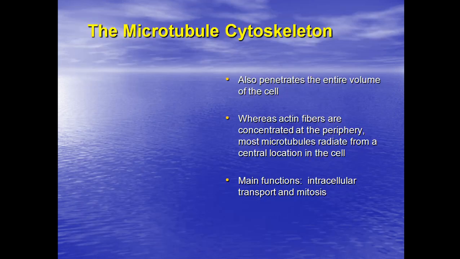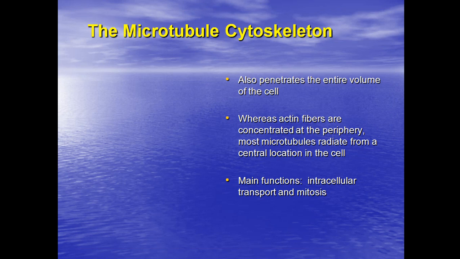So these microtubules also penetrate the entire volume of the cell. Don't be under the impression that they are found only in the centrioles. No, they penetrate the entire volume of the cell. Most of the time, the microtubules radiate from a central location in the cell.